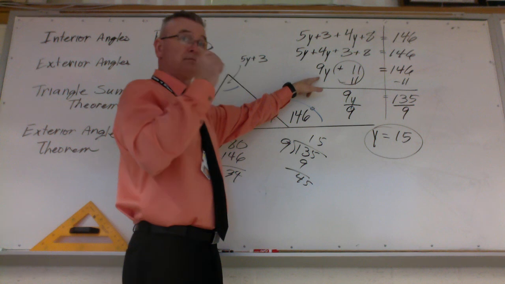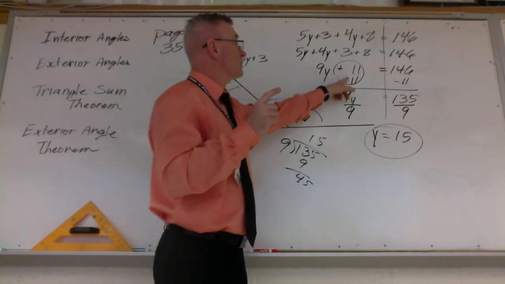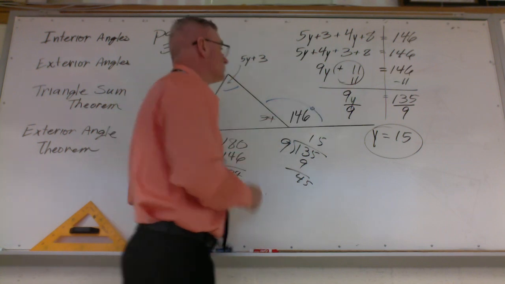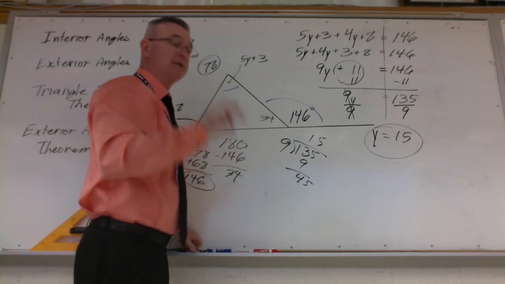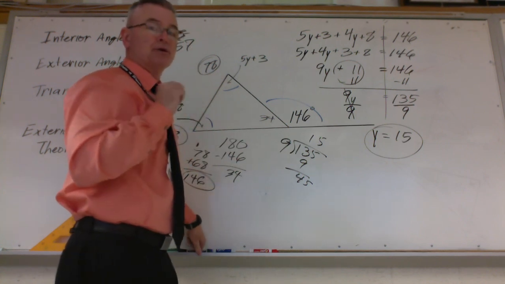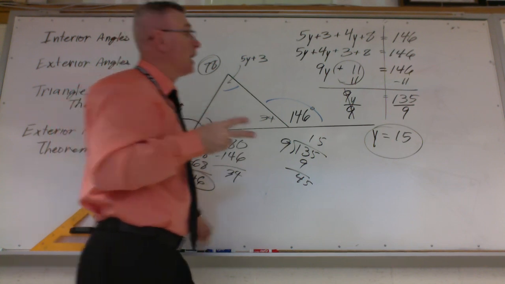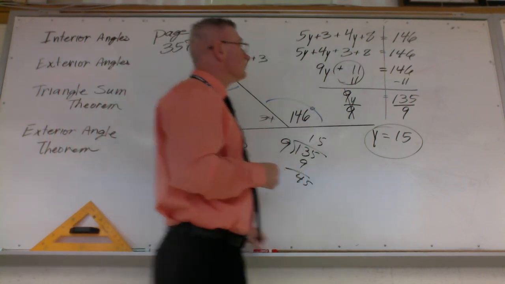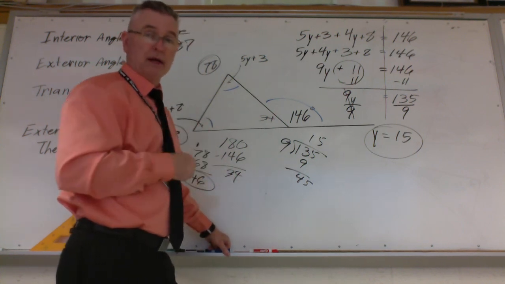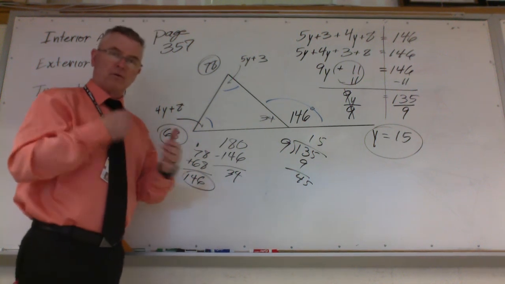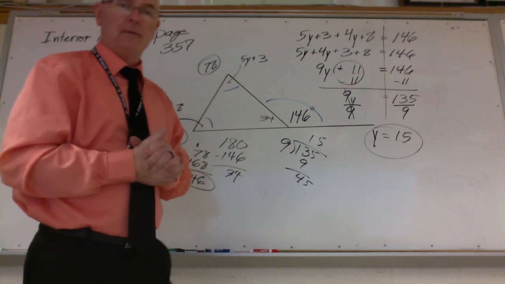Then we simplified things by combining like terms, and then we used our 0 pair and our 1 so that y was multiplied by 1 and added to nothing, which is the multiplicative identity property and the additive identity property, and solve for y, and then used y to solve for our angles. Okay, so rewatch this video as much as you need to. Shouldn't be too difficult. Thank you for watching.